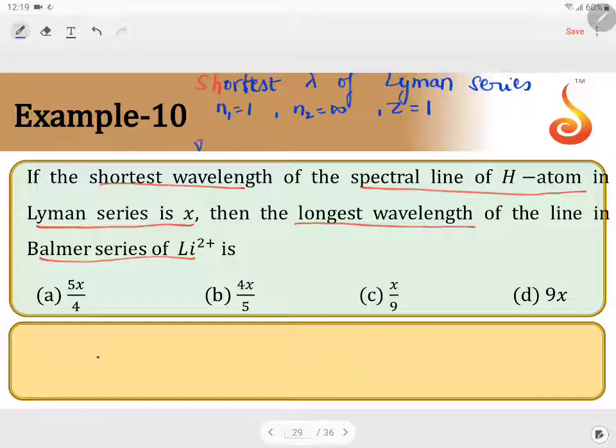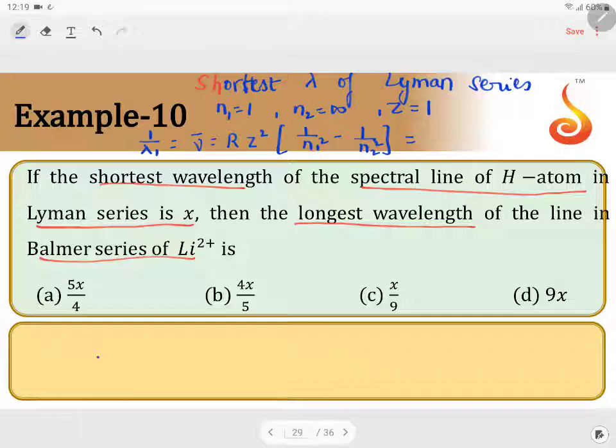Therefore, we have the formula nu bar is equal to R into Z square into 1 by n1 square minus 1 by n2 square. The shortest wavelength of the spectral line of hydrogen atom is X, and nu bar is nothing but 1 by lambda 1.